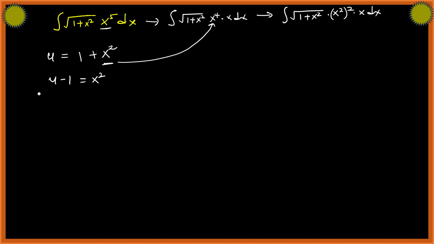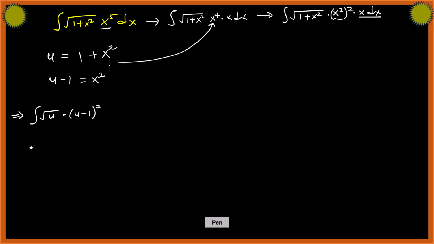So let's do the substitution. We have the integral of u, since 1 plus x squared is u here, times u minus 1 all squared, then we have x dx.